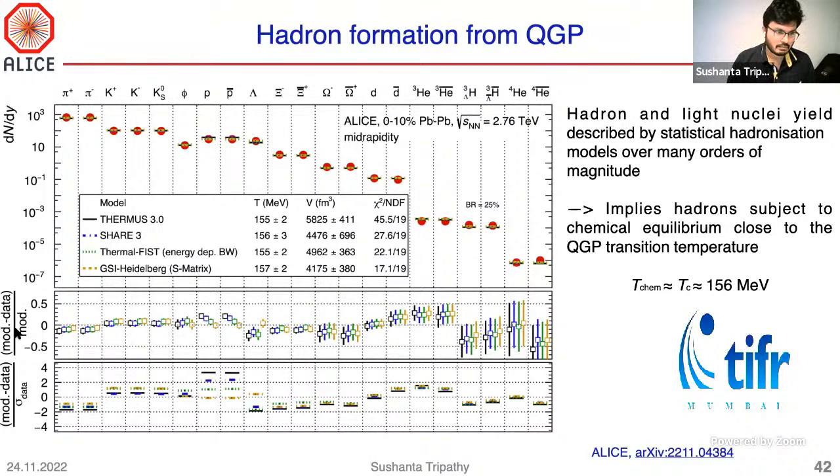Below, you have the deviation of the thermal model with respect to the data, and you can see that they are more or less consistent with zero. This implies that hadrons are subject to chemical equilibrium close to the QGP transition temperature, and the chemical freeze-out temperature is about 156 MeV.